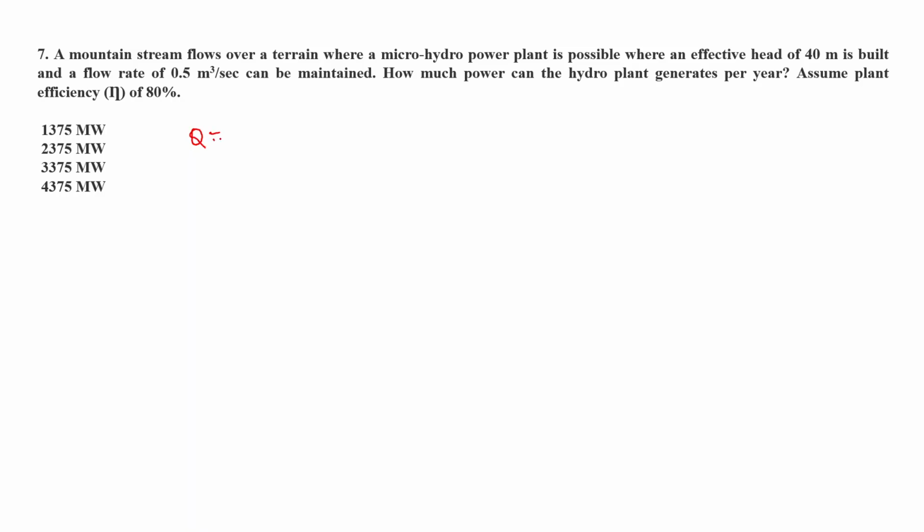So let me tell you what is given first. We are given the flow rate, which is 0.5 meter cube per second. Then head is given as 40 meter and efficiency is 0.8. So as we studied, power generated in the hydropower plant is given by 9.81 eta QH.